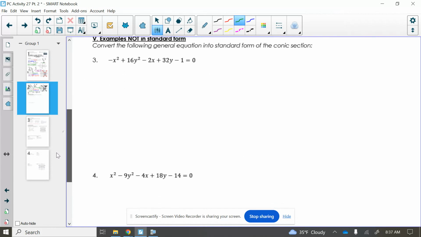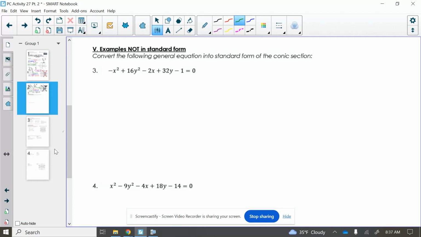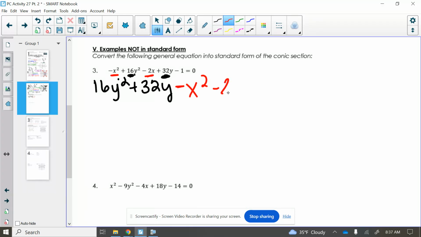All right, our last part is going to be talking about writing our equation in standard form. So very similar to our ellipses, we want to start by grouping. Now in this case, I tend to like to group whatever my positive variable is first, and then when it's a hyperbola, you're going to have one that is negative.